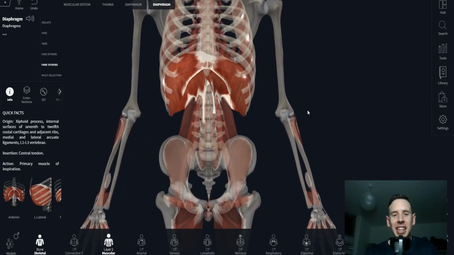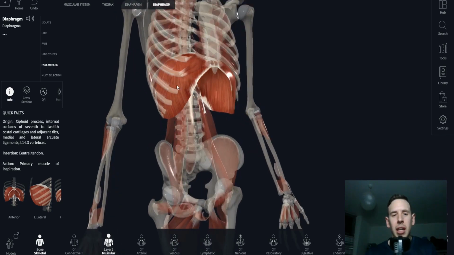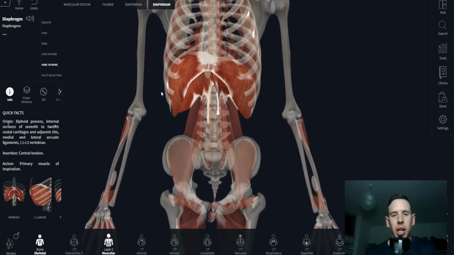You can see it's got the attachments through the inside of the rib cage here. This is the xiphoid process, which is essentially the tip of your sternum or your chest bone.